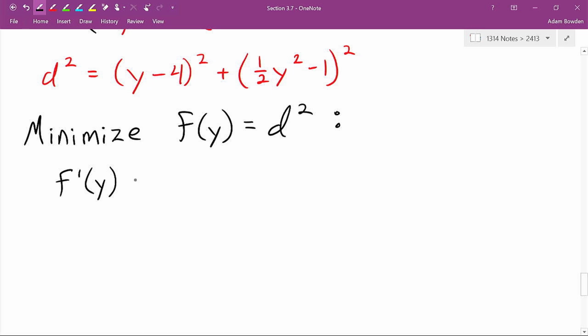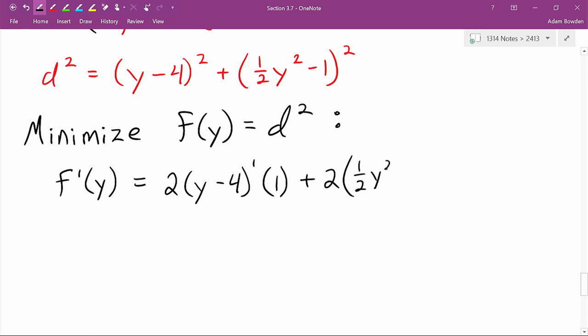We take the derivative of the d squared equation up above. It's going to look like 2 times (y minus 4) to the first power, that's the chain rule, times 1, plus 2 times (1/2 y squared minus 1) to the first power, times y.